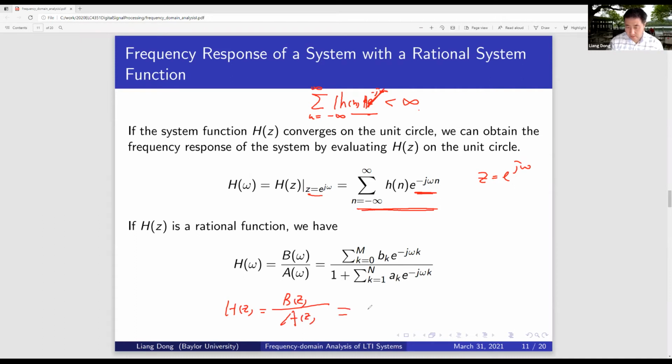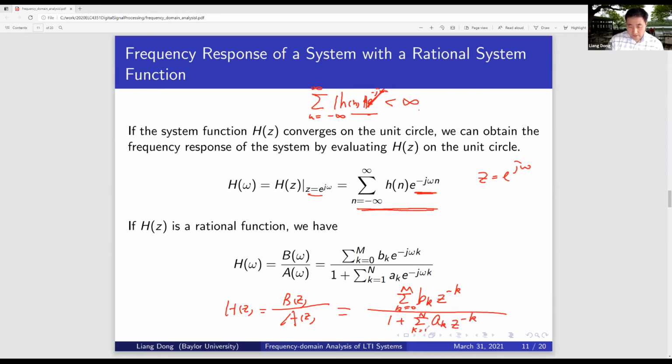As we said, this is a polynomial on the numerator, with coefficients b sub k and z to the power negative k, where k is from 0 to M. On the denominator, we have 1 plus sigma k from 1 to N, a sub k times z to the power negative k.